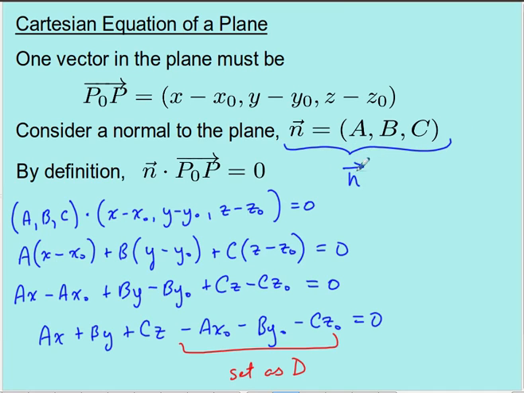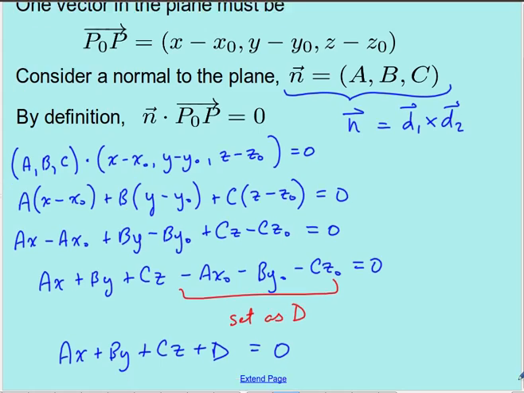For example, we could say that the normal vector was equal to direction vector 1 crossed with direction vector 2, and that would be valid. So I could come up with this equation using the values that I was given to define the plane as a vector equation.